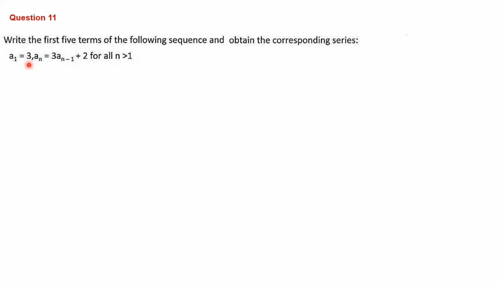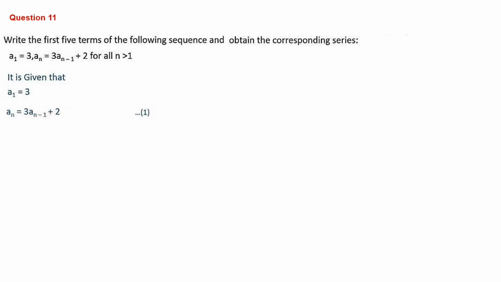That is what the statement is given to us. n greater than 1 means 2 onwards we can use n. It is given that a1 is equal to 3. Since the first term is given, that's why it is given n greater than 1, more than 1, 2 onwards we can use. So a_n is equal to 3 into a_(n minus 1) plus 2 is the general form.